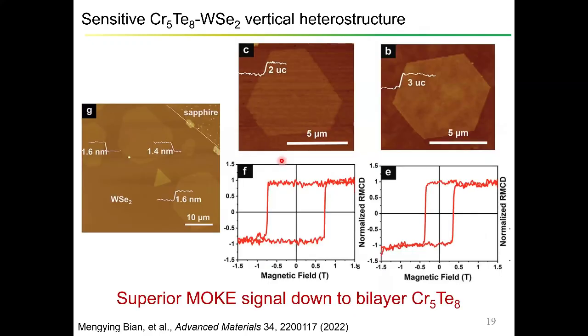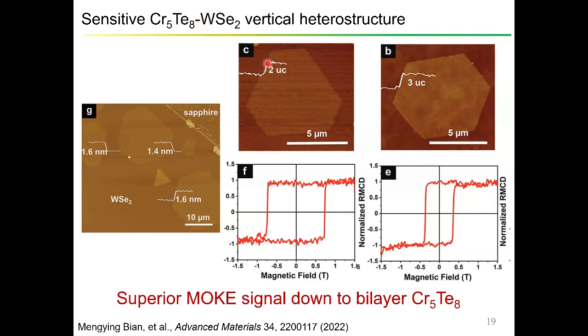And also, a lot of magnetic 2D materials are not stable. For example, the chromium telluride system, like chromium 5 telluride 8, I mean, this is a 2D magnetic material. And we grow it as a monolayer, trilayer, bilayer on top of the tungsten diselenide.